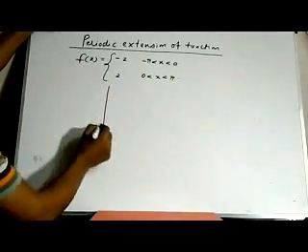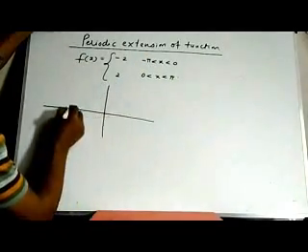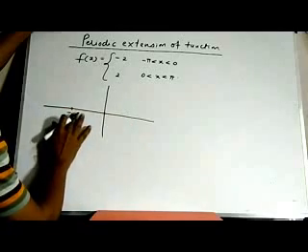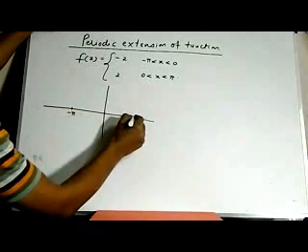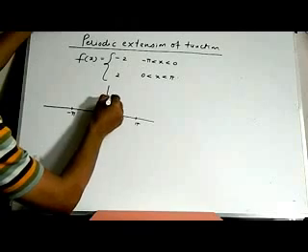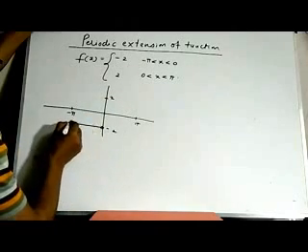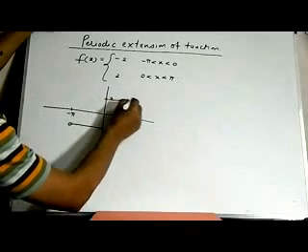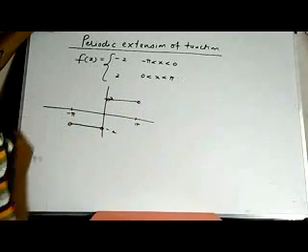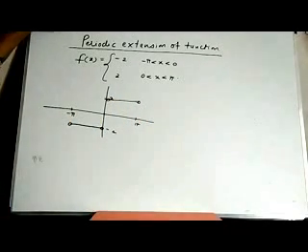Now if we see this graph, this is minus 2, this is minus pi, and this is pi, this is plus 2, and this is minus 2. So the graph is like that. These are the points of discontinuity. Now what is the periodic extension of this graph?